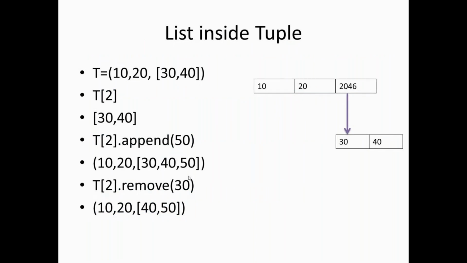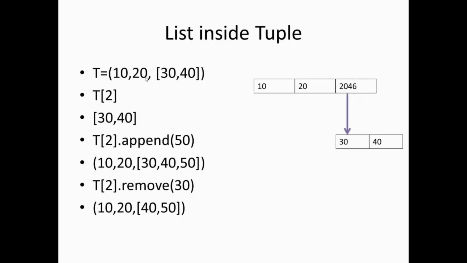Here is a different kind of thing. In the tuple we have 10, 20. We have defined a tuple, but inside the tuple, we can have a list.